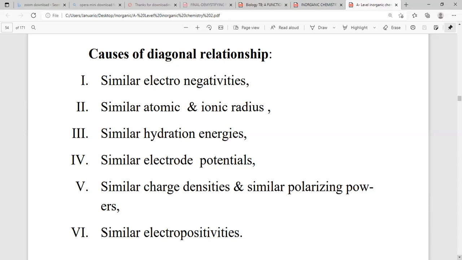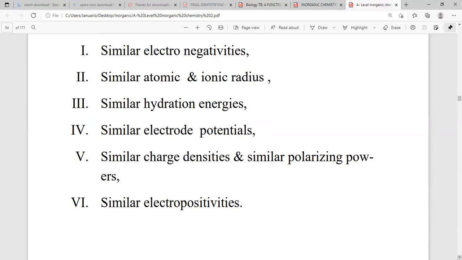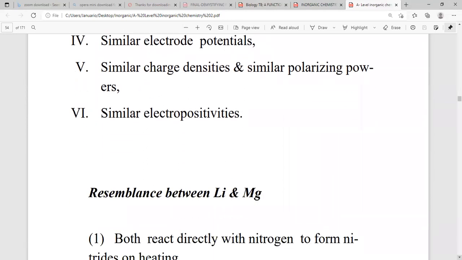Look at electronegativity, the tendency of an element to attract the bonding electrons towards itself from another element. You also look at the similar electropositivities. That is, their tendencies to lose the outermost electrons, the electrons that are occupying the outermost quantum shells.